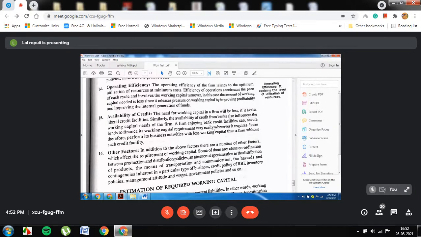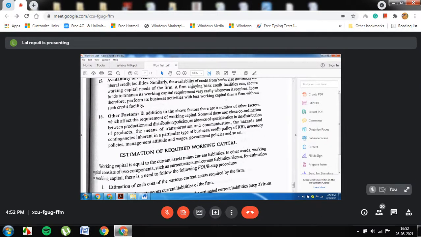So they can perform their business activities with less working capital than a firm without such credit facility. If you can get easy access to credit facility, then the requirement of working capital may be less.